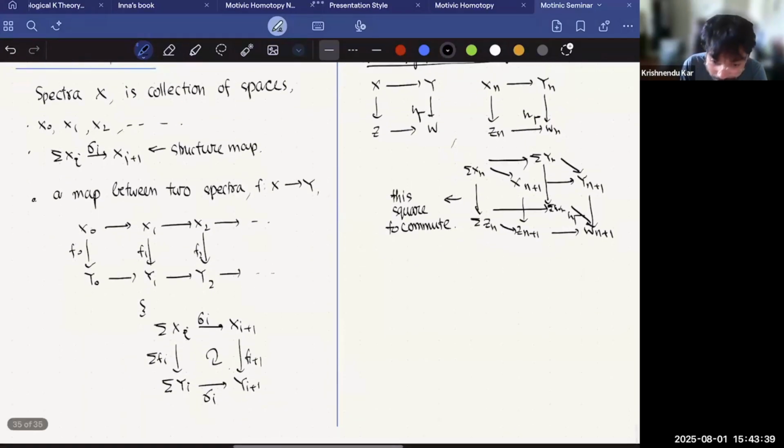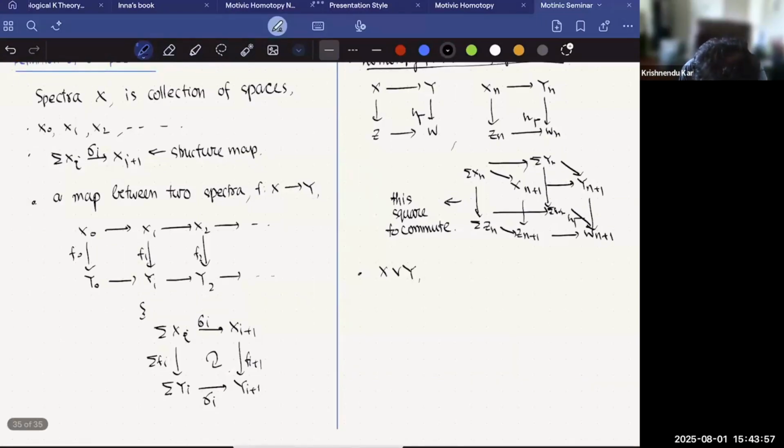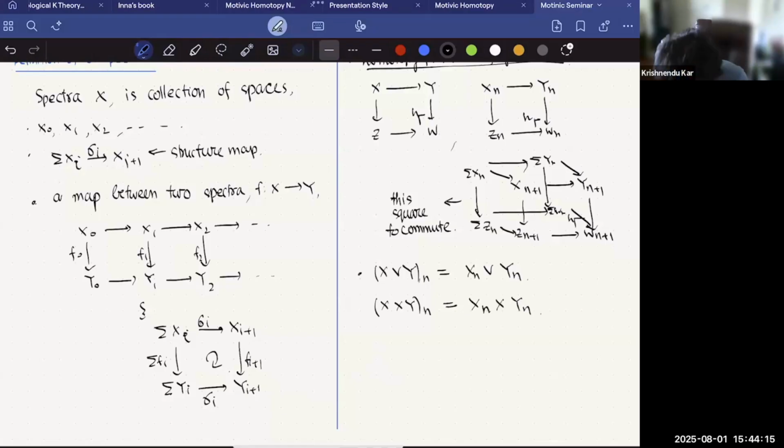Similarly, you can define homotopy pullbacks. And you can also define the wedge of spectra and the product of two spectra. How do you define them? You define them levelwise. So for X, Y, at the nth level, this is your Xn, Yn, so your product spectrum is Xn product with Yn.